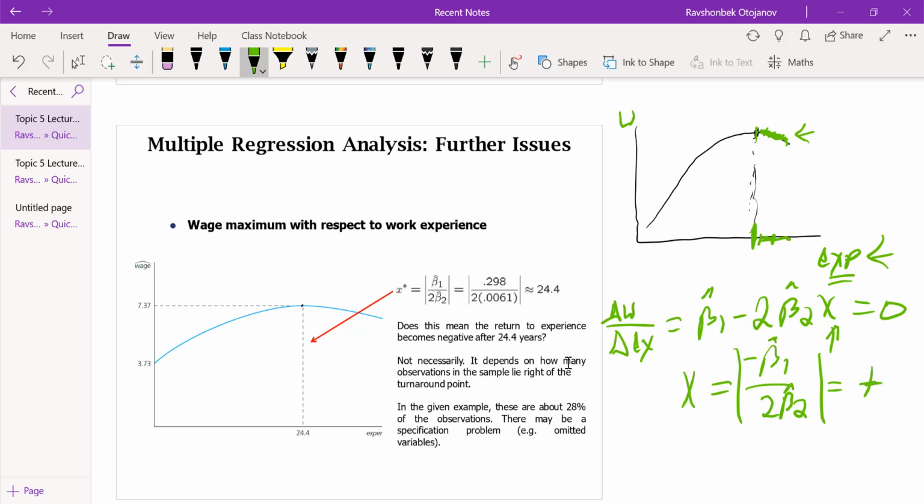So if you plug in the estimated coefficients, you get 24.4 years. So we shouldn't be predicting the wages for years of experience greater than 24.4, because it turns out the marginal effect of an additional year of experience after that year will give us a negative wage, which doesn't make sense. We would expect that as we gain experience, our wages would increase rather than decrease.